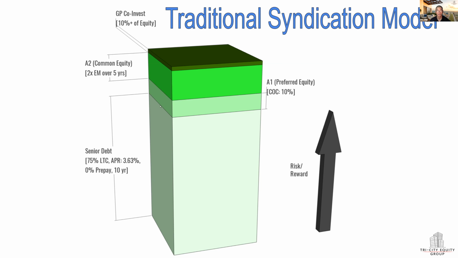You have senior debt, let's say 75% LTC, and then the rest of it is equity. And of the equity, you might have a dual class structure like this, where you have A1 that's preferred equity, say target 10% cash on cash, and then A2 would be the common equity, target 2x equity multiple over 5 years. And then the GP co-invest, which is typically at least 10% of the equity portion.